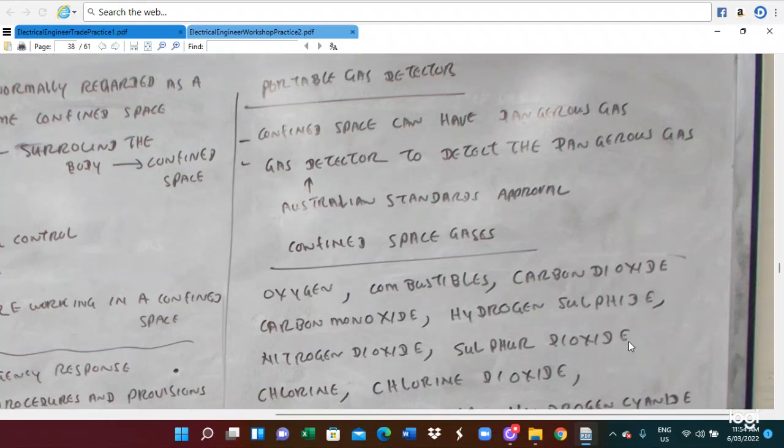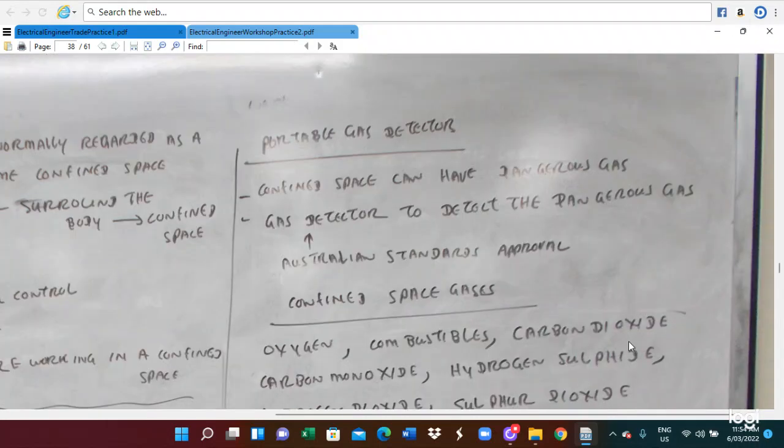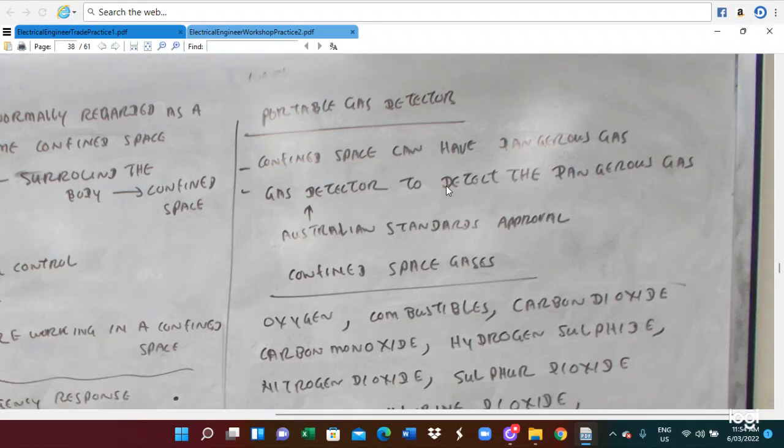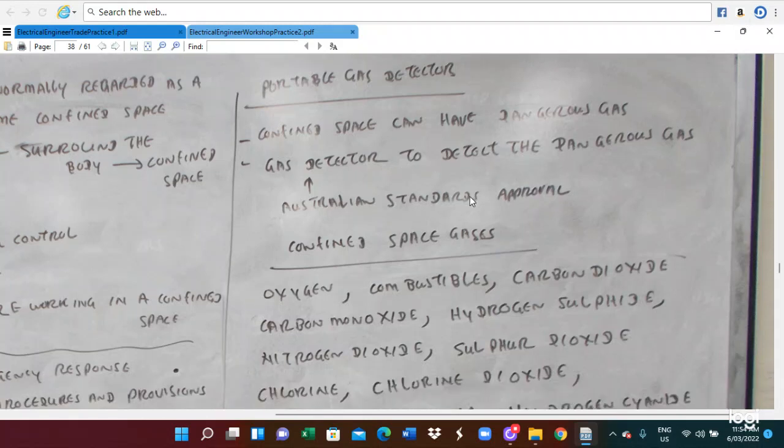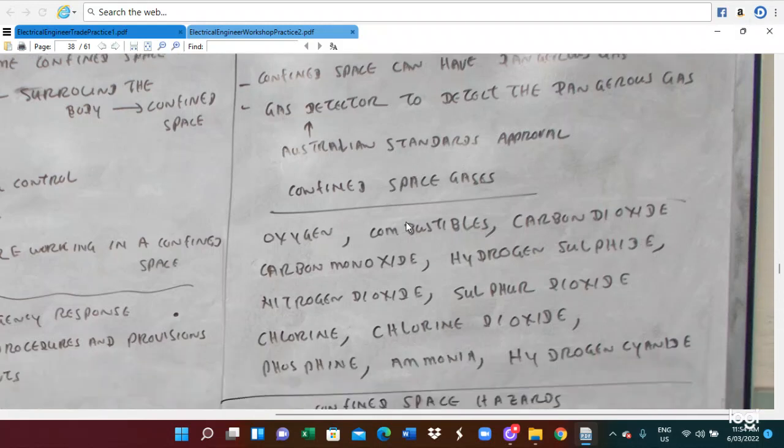In the confined space you also have to utilize the gas detector. Because of the underground system, dangerous gas can leak. Confined spaces can have dangerous gas, so you have to use the appropriate gas detector to detect it. Those gas detectors must be approved according to the Australian standard.